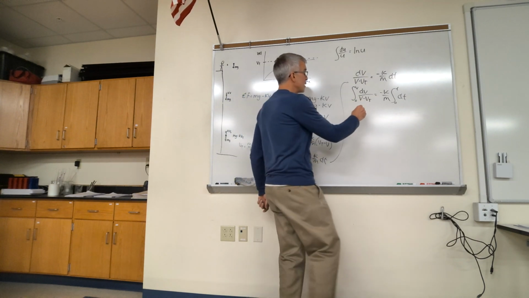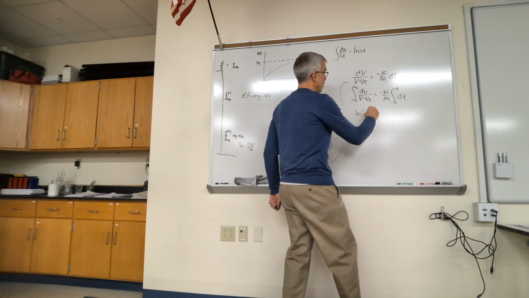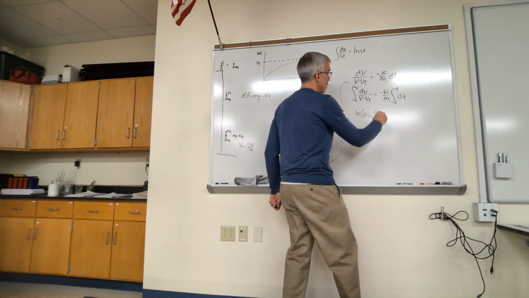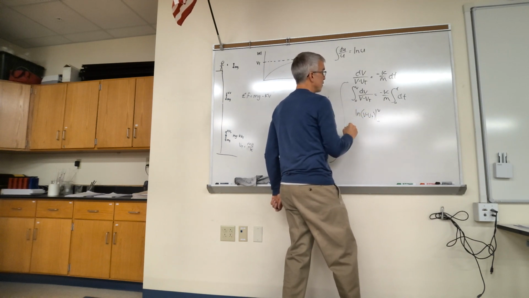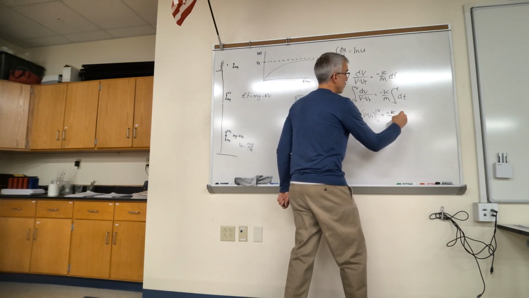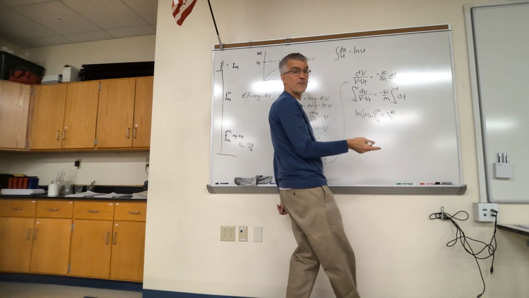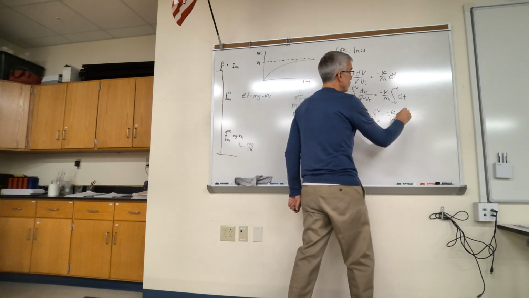So, this is going to equal the natural log of v minus vt evaluated from 0 to v, and then on the right hand side I get negative k over m, and dt, take the integral of that, that's just t. I'm going to evaluate that from 0 to t.